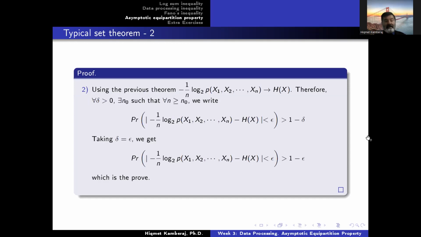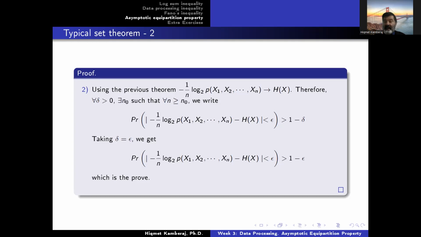Now, on the second part, we use what we derived from the first part: minus 1 over n log with base 2 of p of x1, x2, xn converges to H of X. Therefore, for every delta greater than 0, there exists n0 such that for every n greater than or equal to n0, we can write the probability that the absolute value of minus 1 over n log with base 2 of p of x1, x2, xn minus H of X is less than epsilon is greater than 1 minus delta.